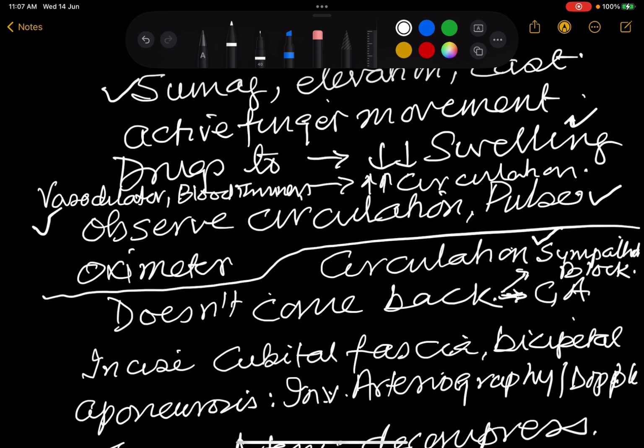Incise the cubital fascia, the bicipital aponeurosis, anterior to the elbow. Supposing here is the arm and here is the forearm and here is the insertion of the biceps on the radial tuberosity. There is a bicipital aponeurosis here under which runs the artery. So you have to incise the bicipital aponeurosis to decompress the brachial artery and the median nerve.